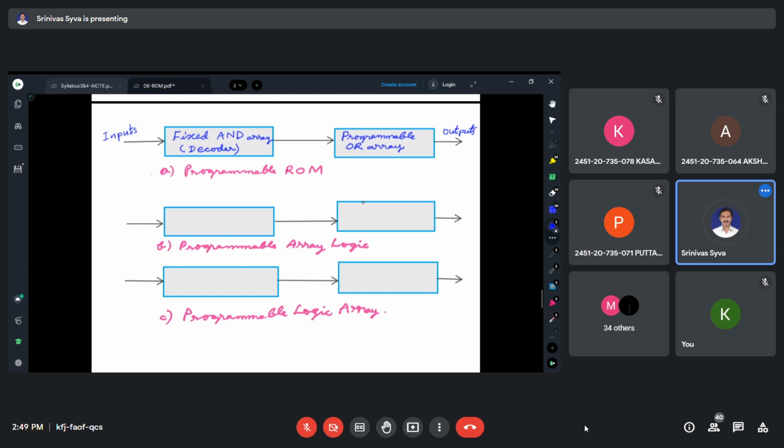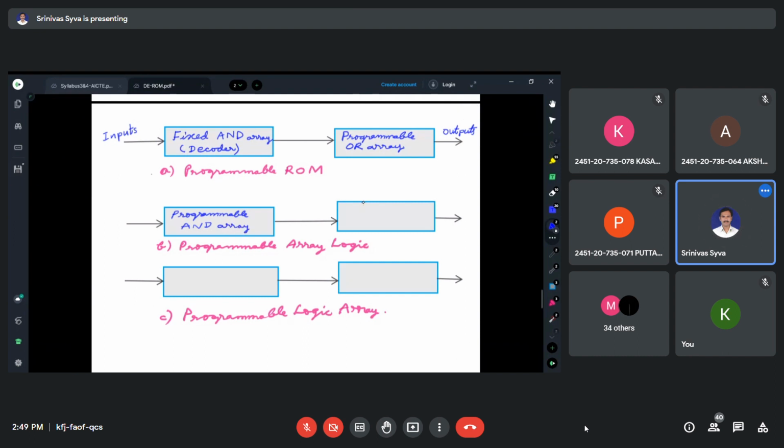This is called the programmable AND array.